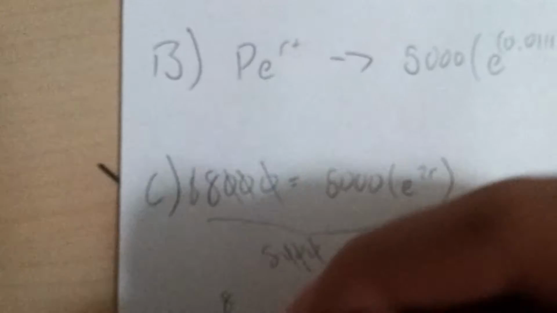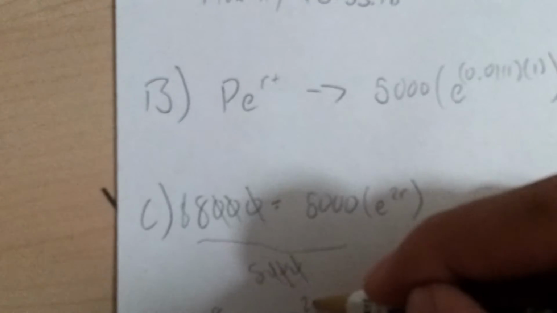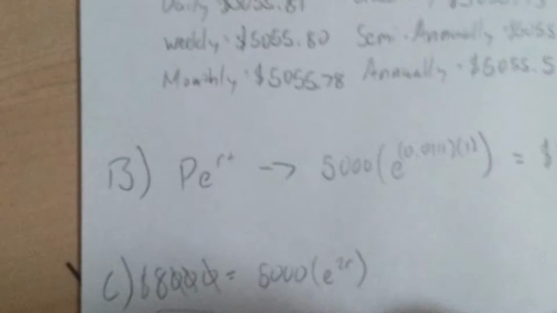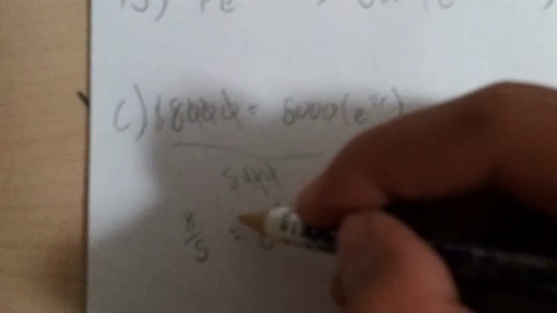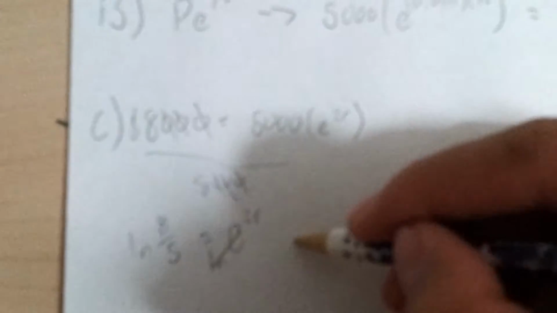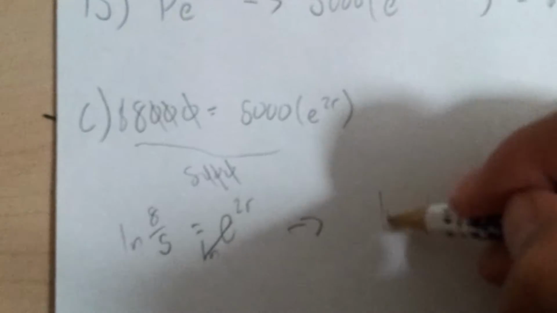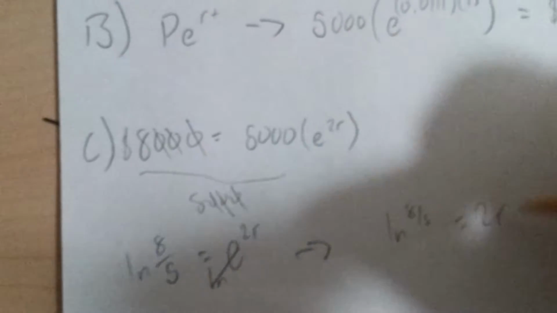8 over 5 equals e to the 2r. To get rid of the e, we're going to need to do ln to both sides. So this will go into ln 8 over 5 equals 2r.